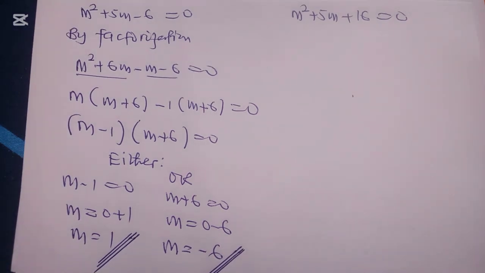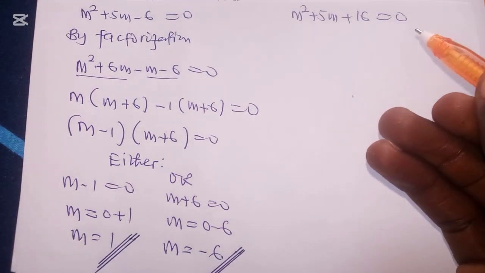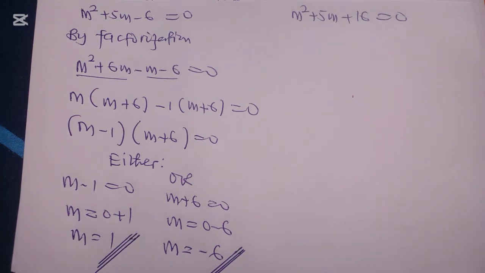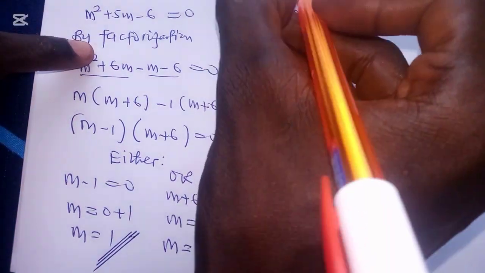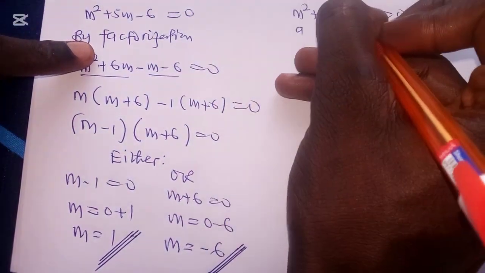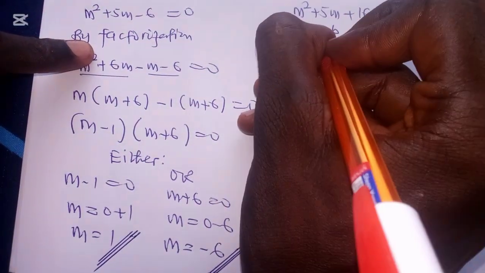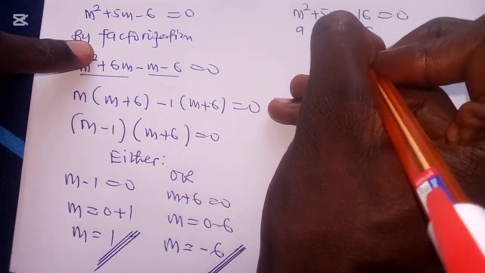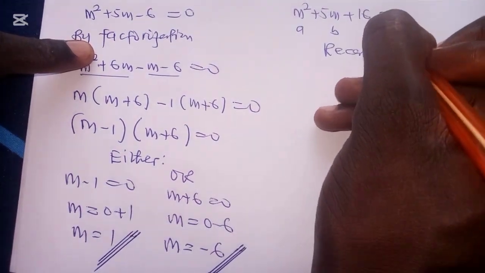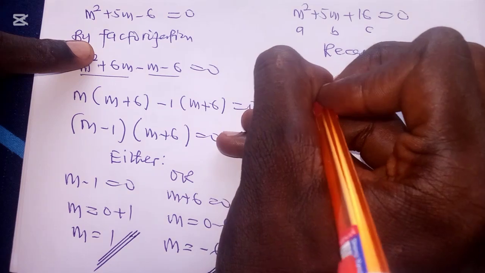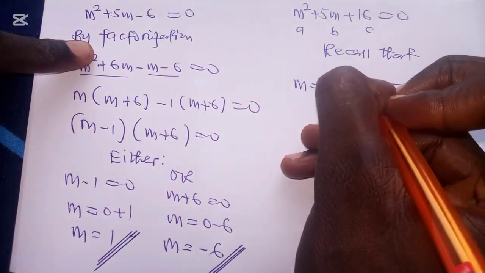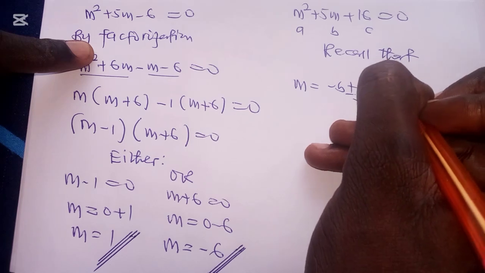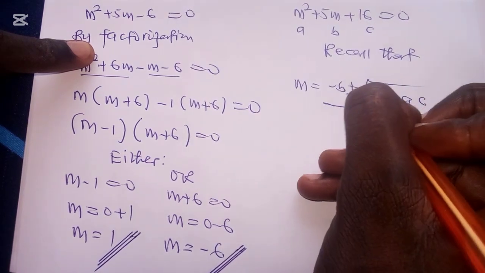Now moving on to this other one. Looking at this, we just need to use the formula method to arrive at our answer. We know this is a, this is b, and this is c. Recall that the formula method states m equals minus b plus or minus the square root of b squared minus 4ac, divided by 2a.